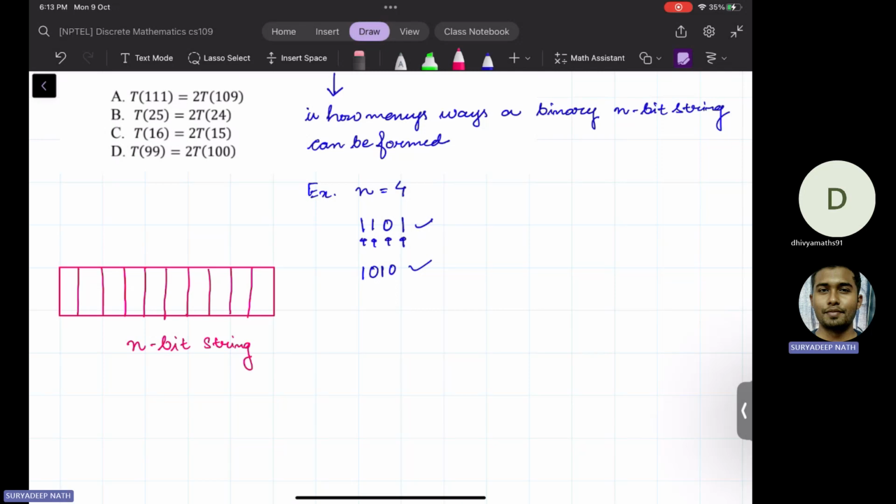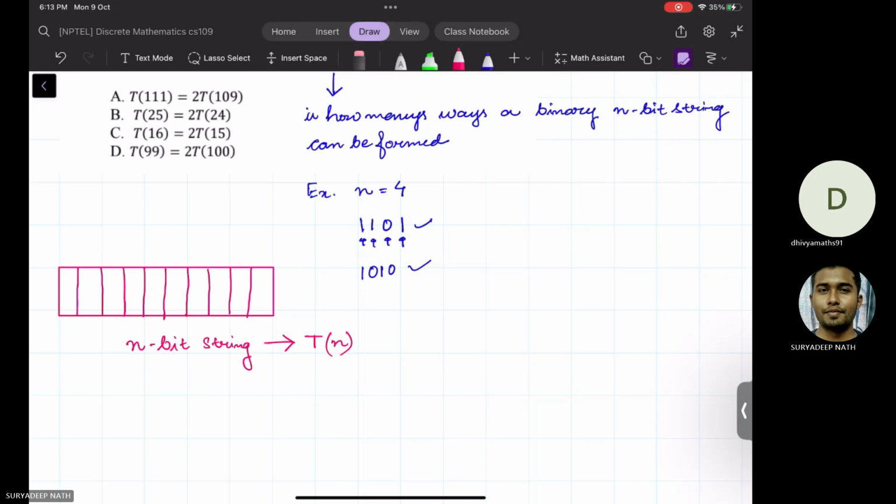Let us say that we can form tn binary strings given n bits.